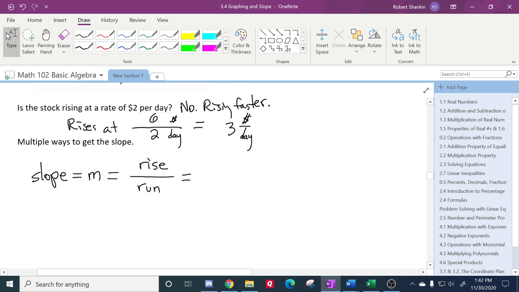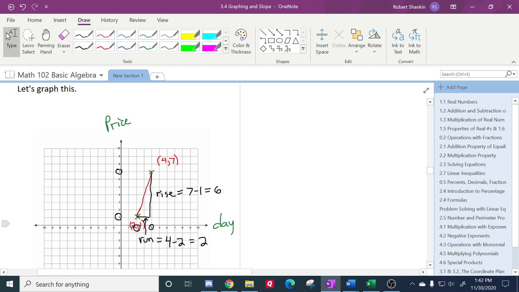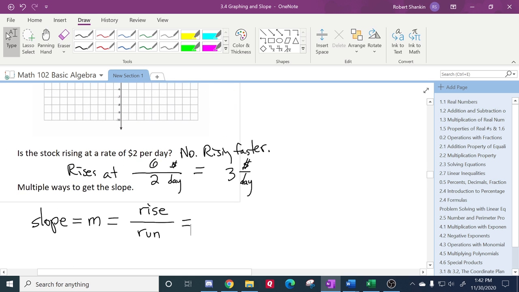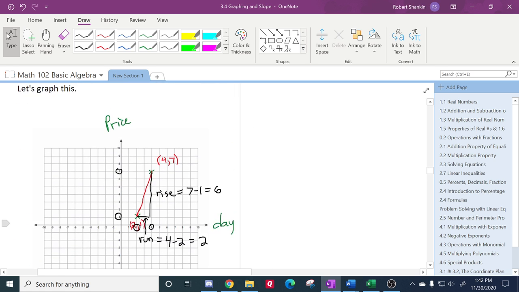And when we think of this, how much it rose to how much it ran, we'll look at these 2 points again.